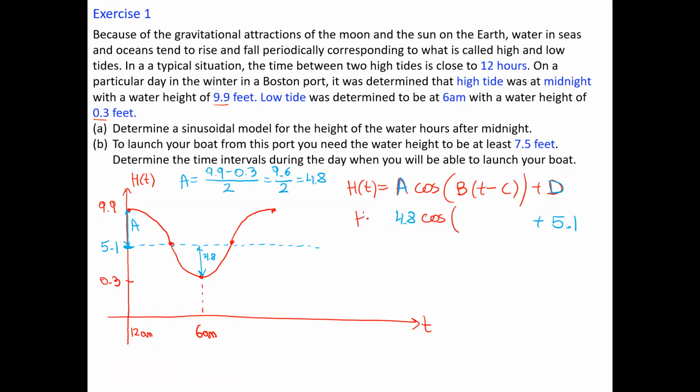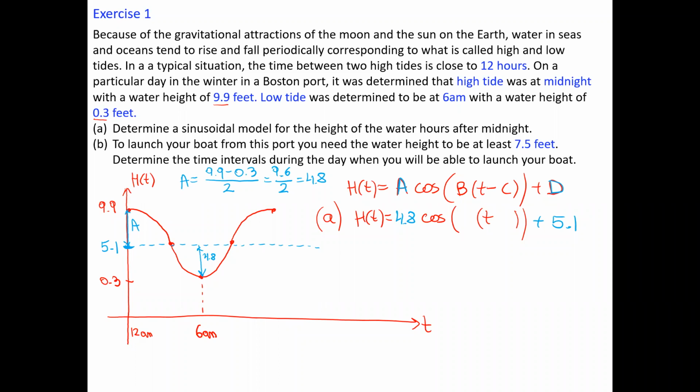Okay, we can also take care of the quantity B. Let's see what we have, and we will finalize part A. Actually, let's see. We know that everything is repeating after 12 hours. Oh, no, let's wait.